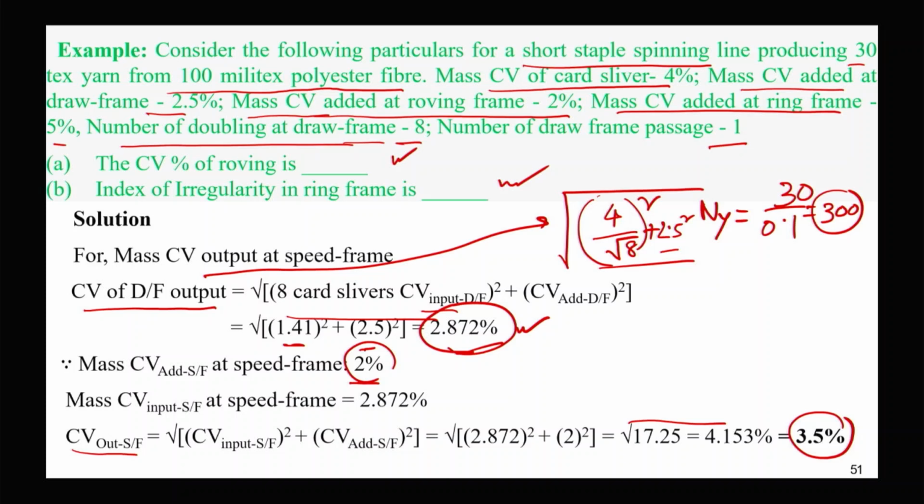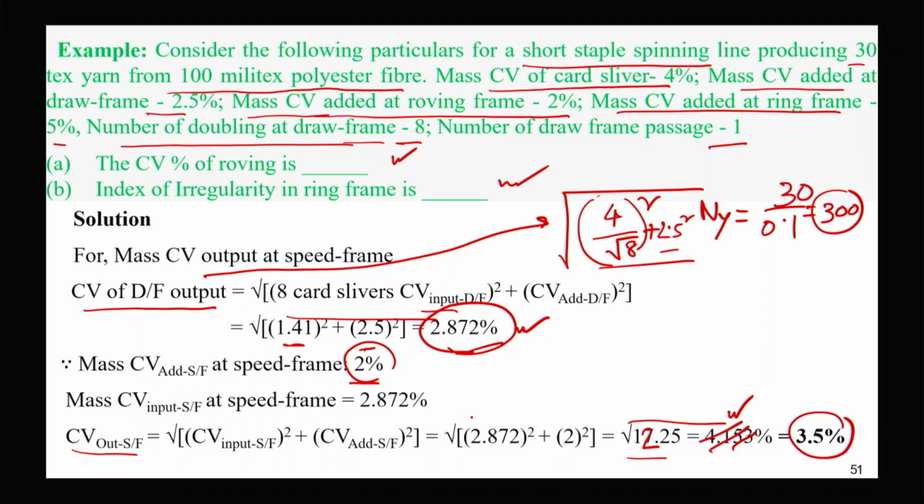This is CV of this plus 2% added, it will be under root, sorry, this will become 12.25.